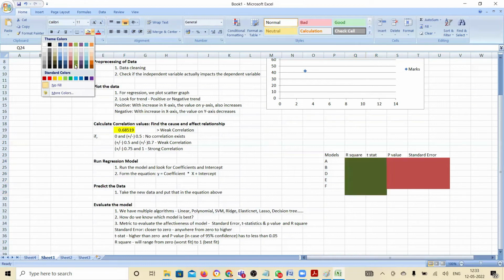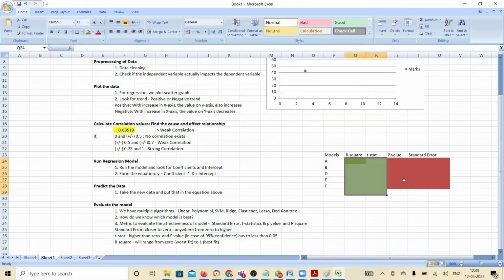R-square should be 1, t-statistics can be very high, p-value should be 0, standard error should be 0. I mean, not 0, but closer to 0, less than 0.05. Now let's go and compare our model, how well we have done.